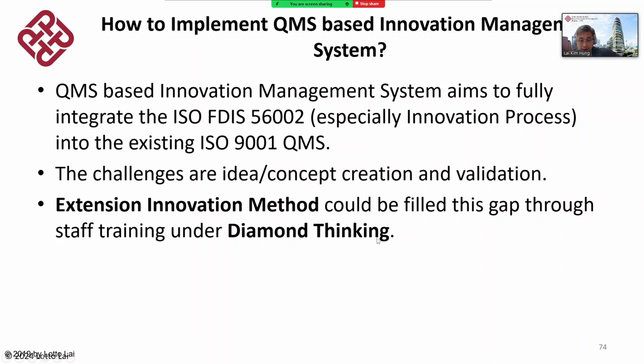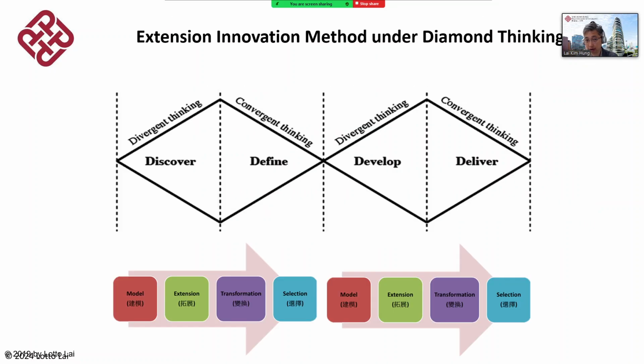So how to implement the QMS-based innovation management system? After combining that, we would like to introduce the extension innovation method to fulfill this gap for staff training under diamond thinking. We are using the double diamond thinking. In the extension innovation method, we have 4 steps: model, extension, transformation, and selection.